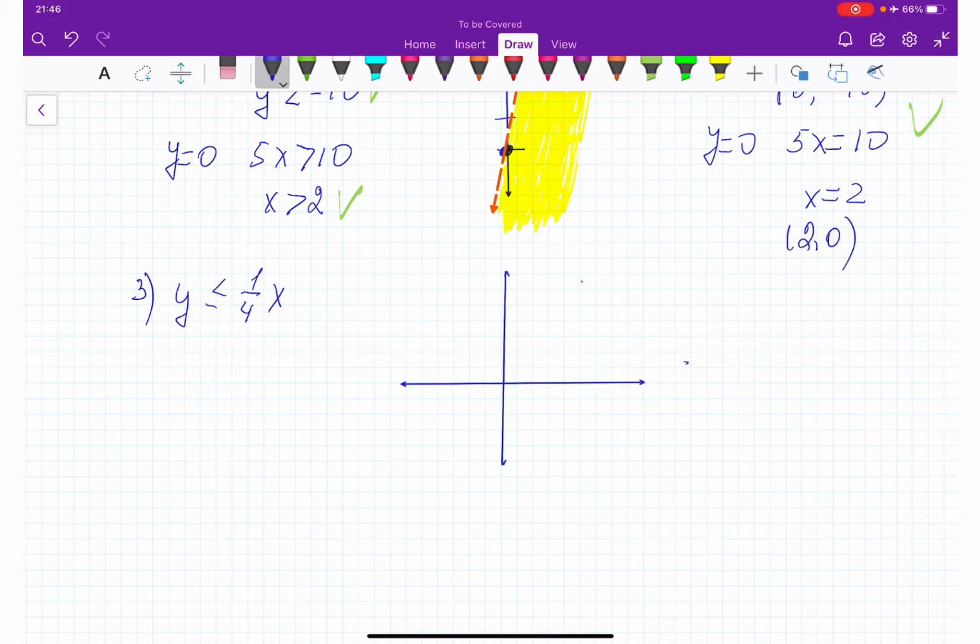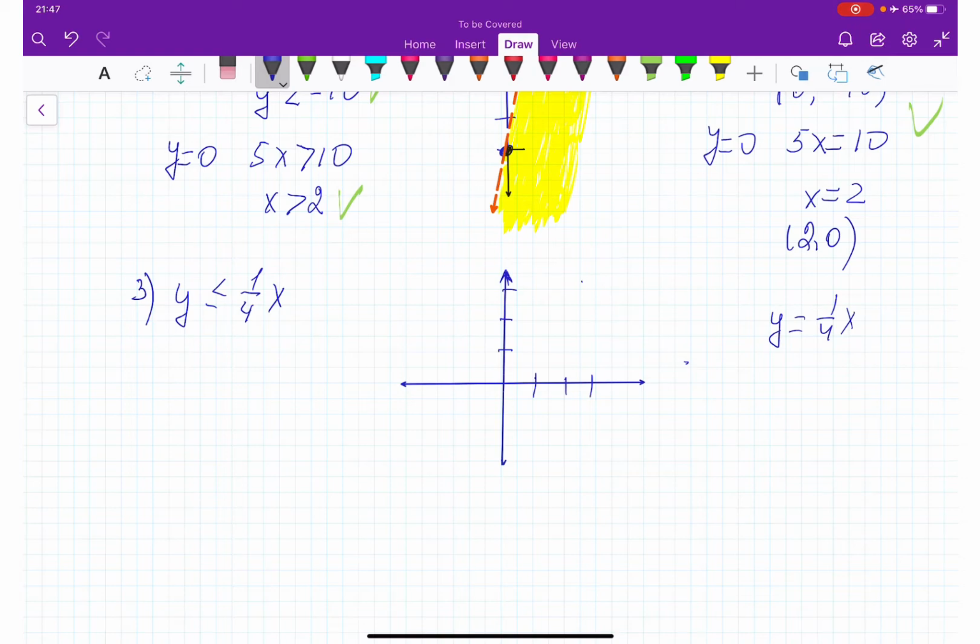All right. So this is going to be 2, 4, 6, 2, 4, 6. So let's solve it first. Build the graph. y is equal to 1/4 of x.